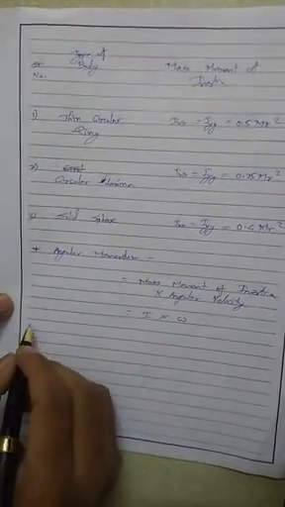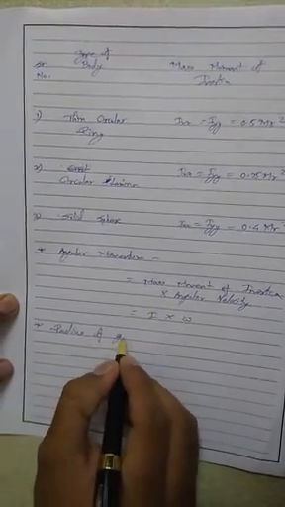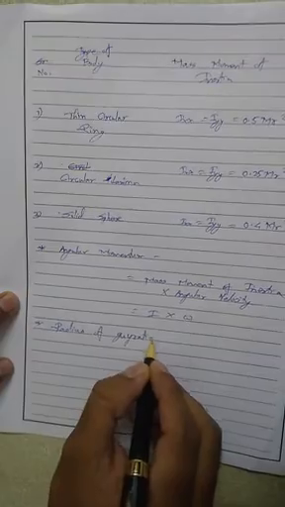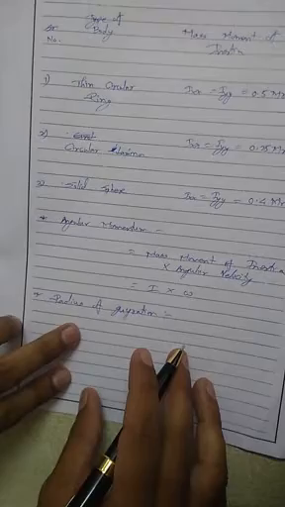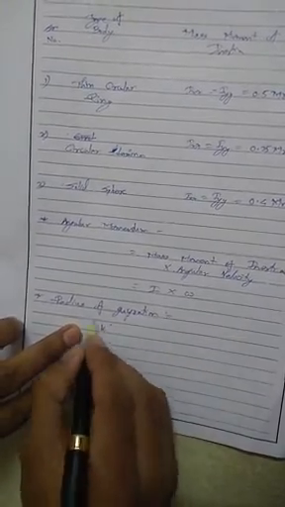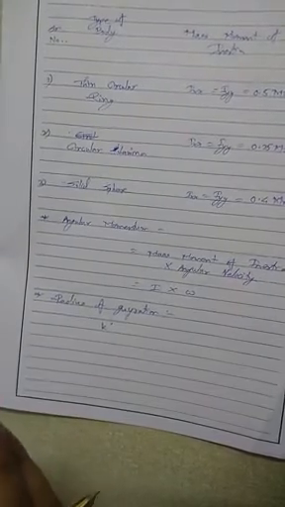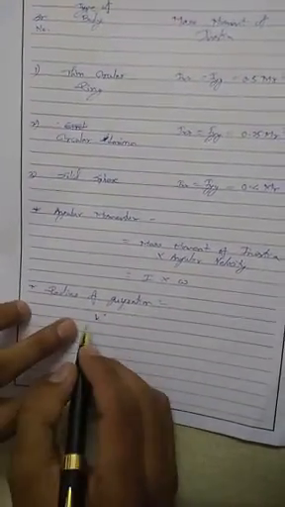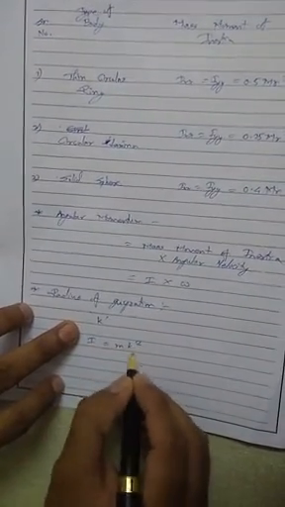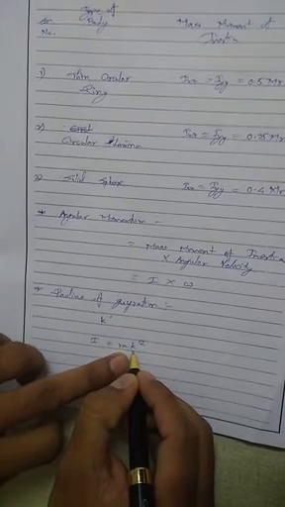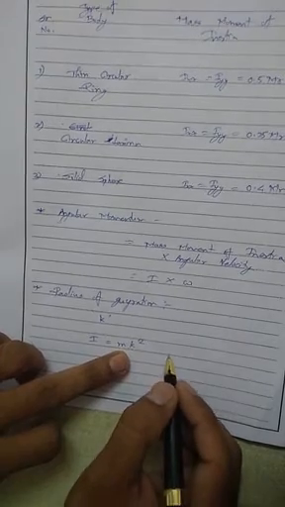Okay, the next point is radius of gyration. Let us say the whole mass of the body is supposed to be concentrated at a distance k from the axis or any reference line. So the mass moment of inertia is m into k square. k is the total distance from the mass to the line or the axis.